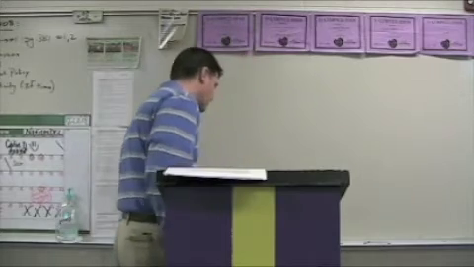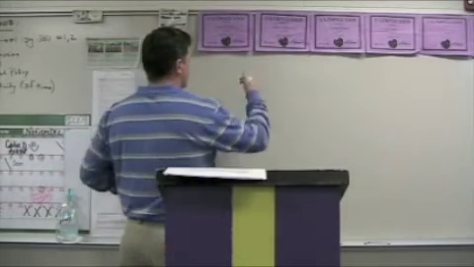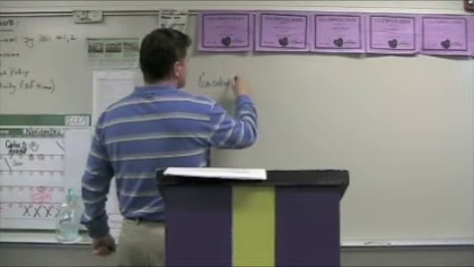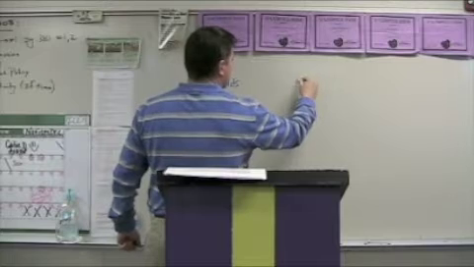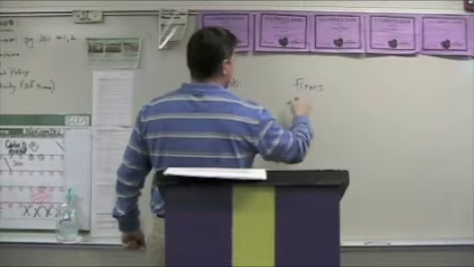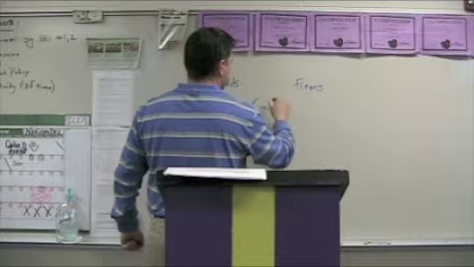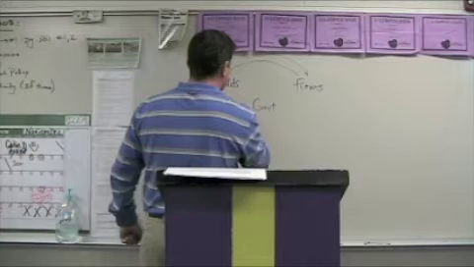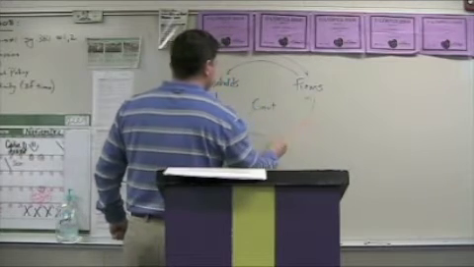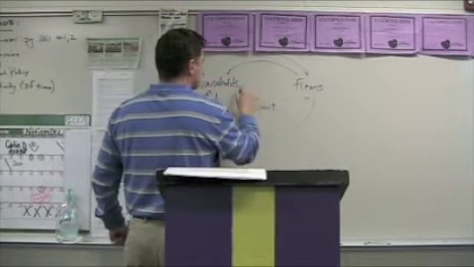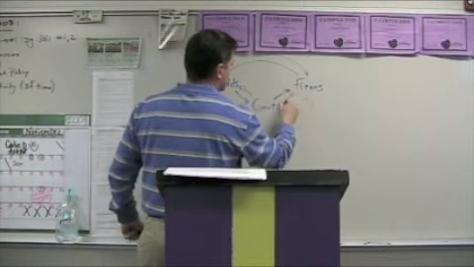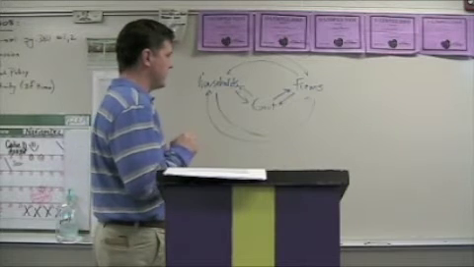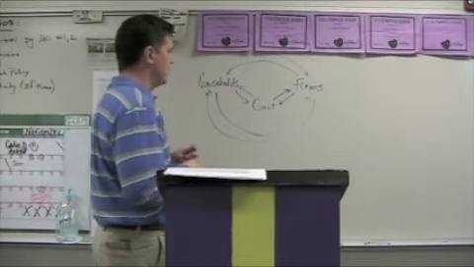I'm going to draw this on the board real quick so you can understand that on this side you have households, then you have firms, which are businesses, and then in the middle you have the government, and you know that there's a circular flow diagram that we have covered in the past, and it talks about the relationship between all of these.